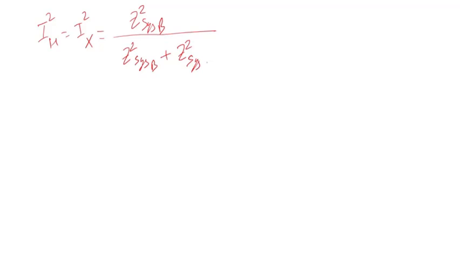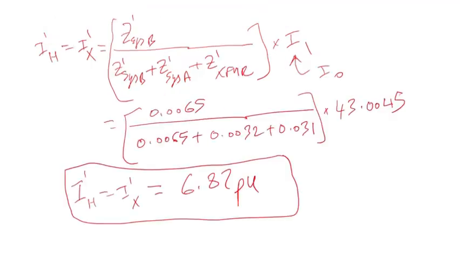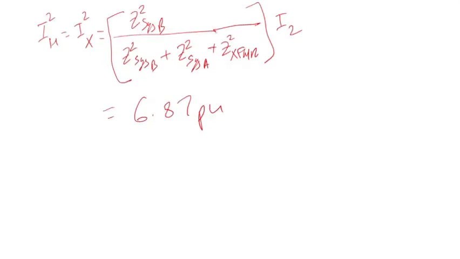So the negative sequence current is the negative sequence impedance of system A plus the negative sequence impedance of the transformer. You can see these quantities for the negative sequence current are the same as those of the positive sequence. Obviously, you can plug in the numbers and you will get 6.87 per unit, which is the same as the positive sequence.